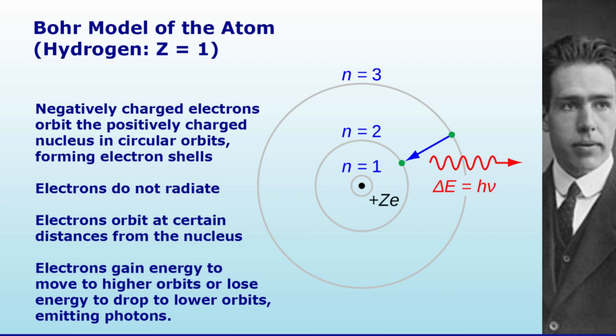If we use numbers, n equals 1, n equals 2, 3, 4, and so on. He also said that electrons, while moving in these special orbits, do not radiate energy, because these orbits are known as discrete orbits. So this was what the Bohr model of the atom said.